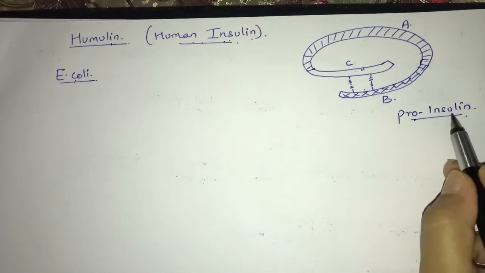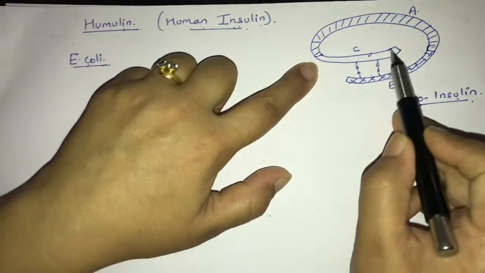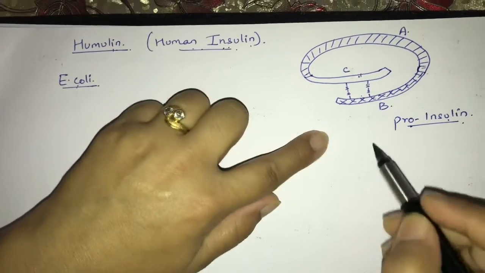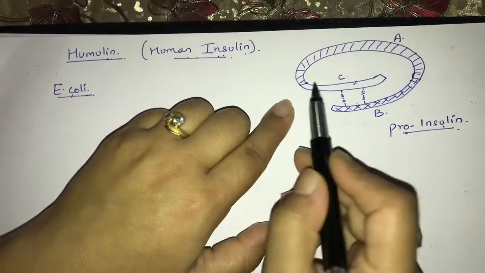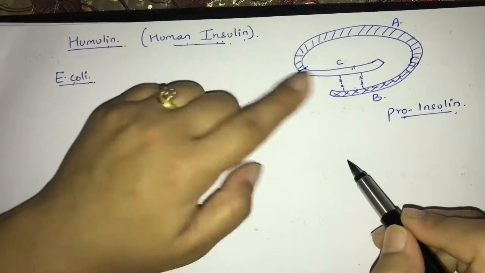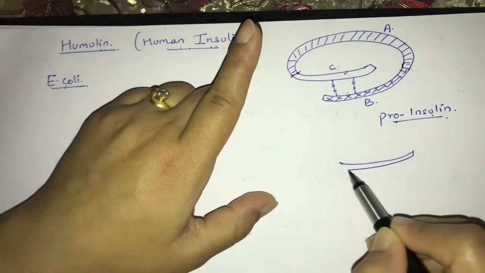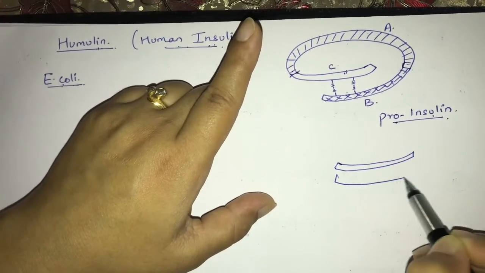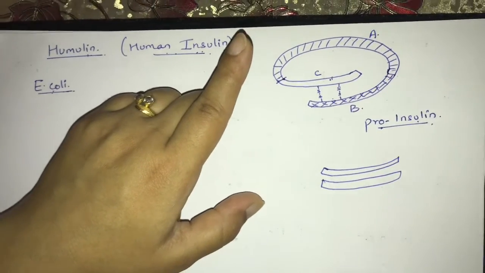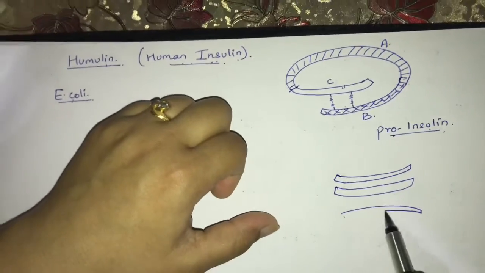The initial insulin has an A polypeptide and a B polypeptide connected by the C polypeptide by disulfide bonds, and in the mature insulin this C polypeptide is cleaved, that means it is broken down. Only A and B will be left, and the C will be free.